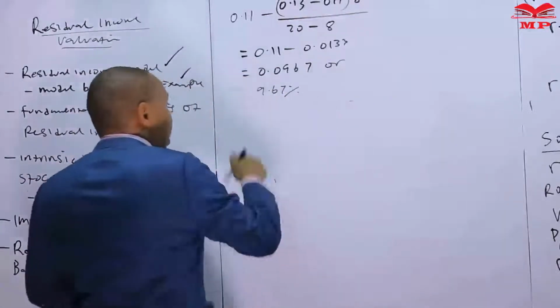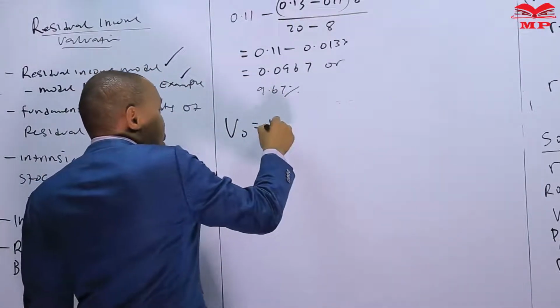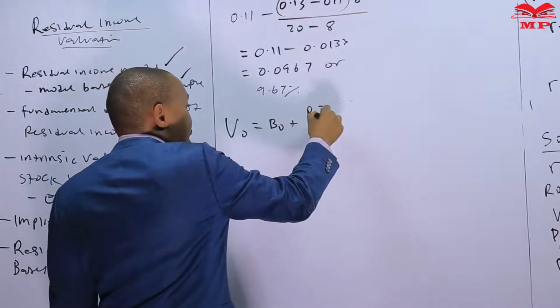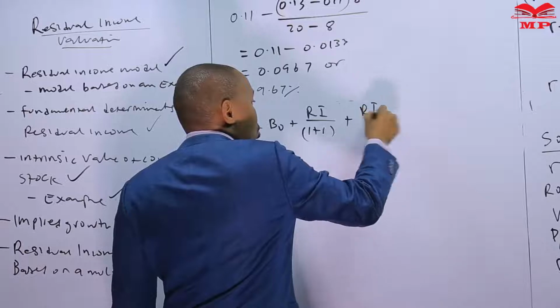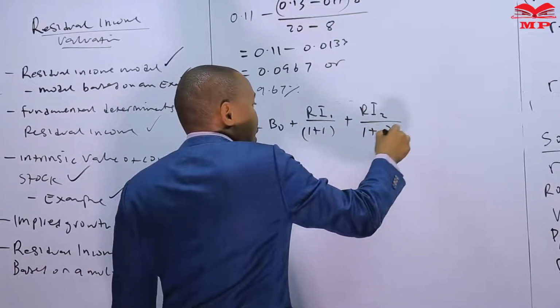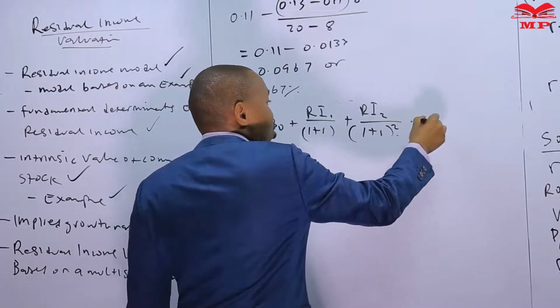So we are saying that we are building on this: B naught plus Ri over 1 plus R plus Ri 2 over 1 plus R squared, and so on and so forth.